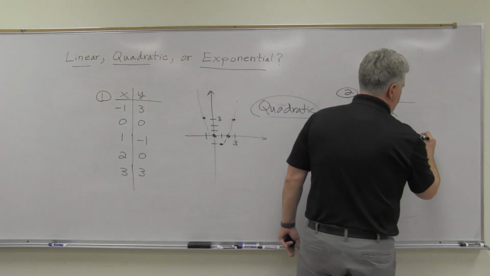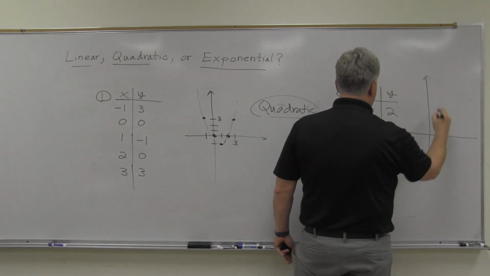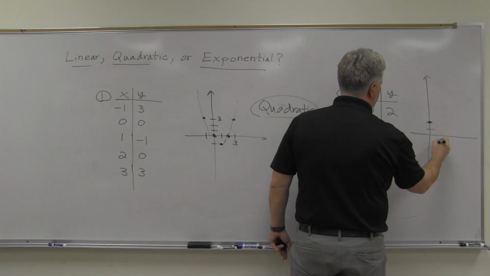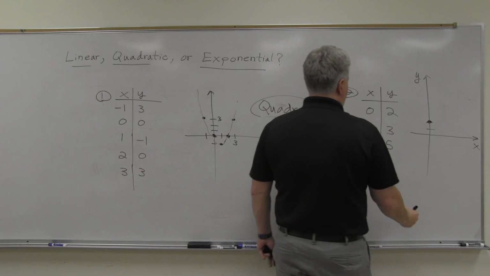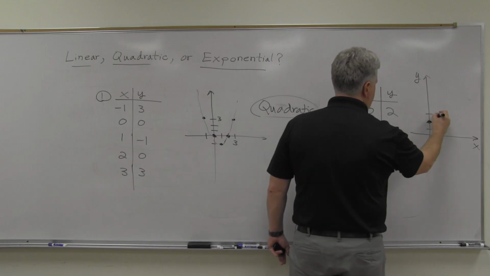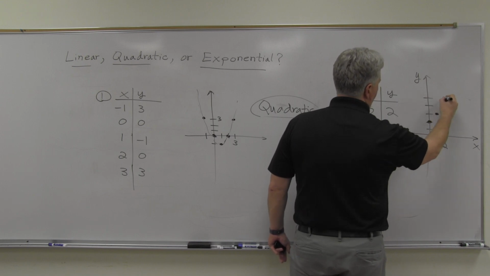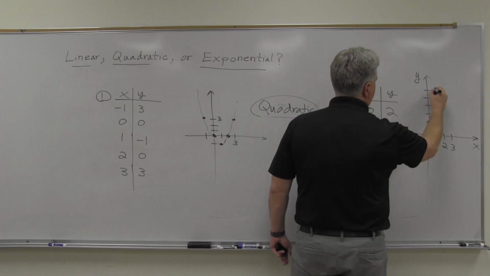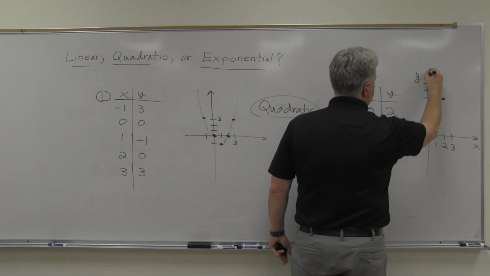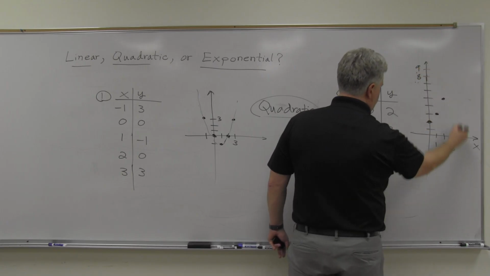Okay, so we plot those out. 0, 2, around the y-axis there. 1 and 3, 2 and 5. And then 3, 9. What did I say, 3, 9?